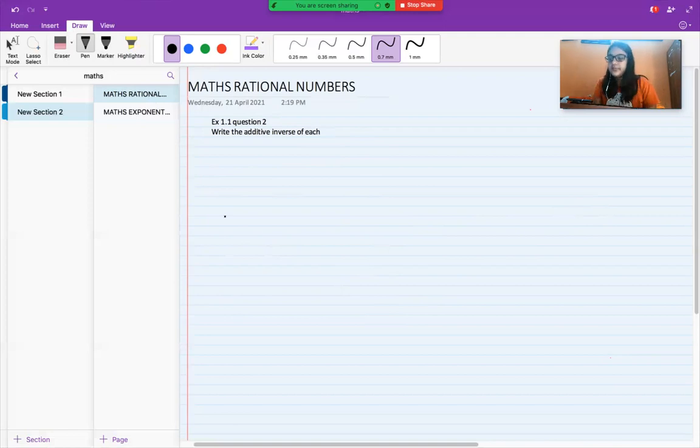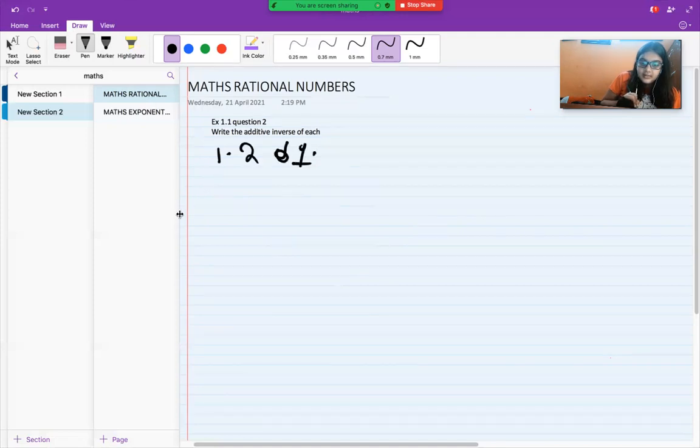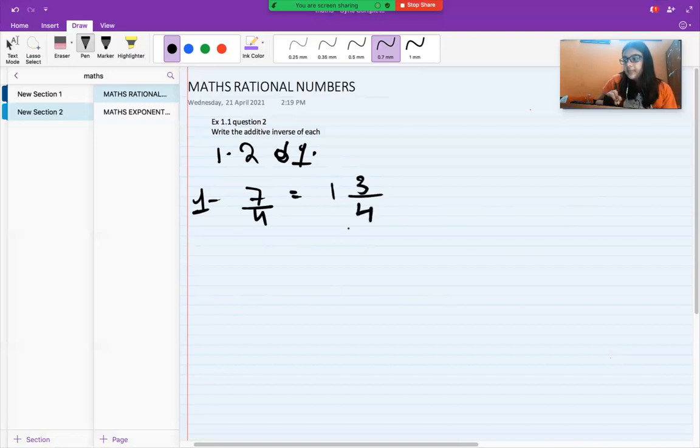We can do that. So in question number 1, the first part says: find 7 by 4 on a number line. So 7 by 4 as a mixed fraction is 1 3 by 4.